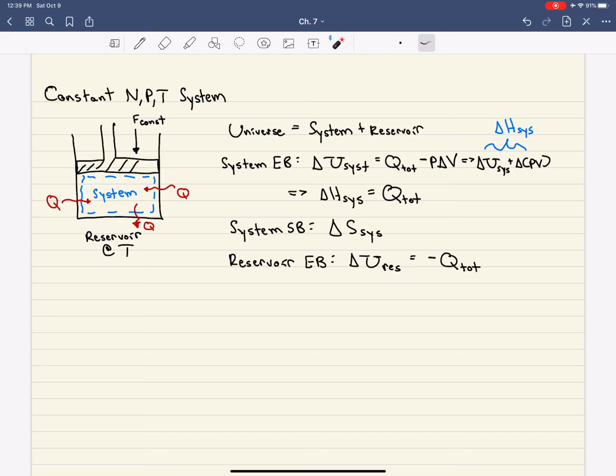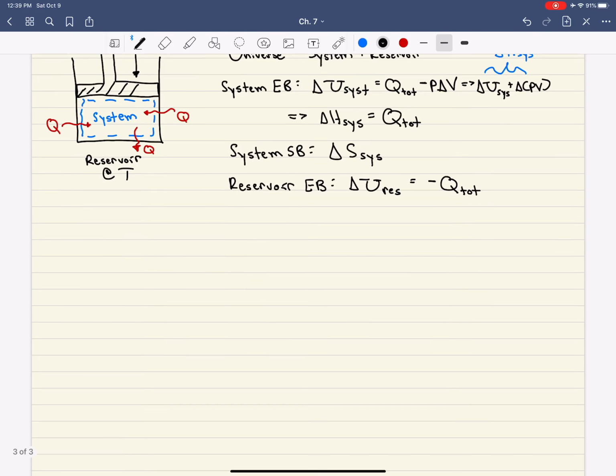Because while the system volume is changing, the reservoir is so big that even if the system changes volume, the reservoir is not affected by that volume change at all. The reservoir is not expanding or contracting, so it doesn't have a significant work term. There's just a heat term.